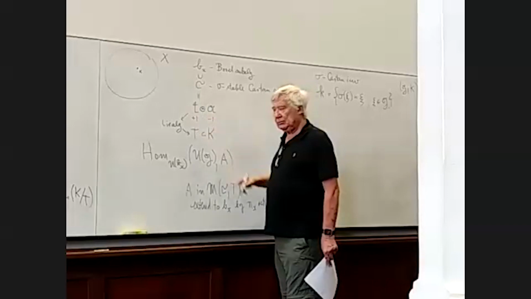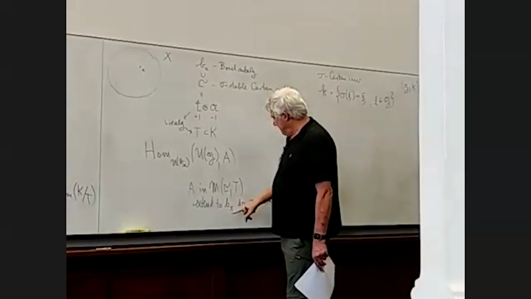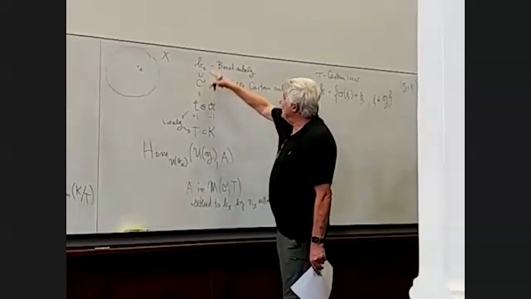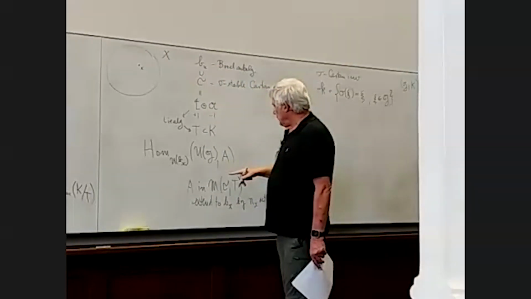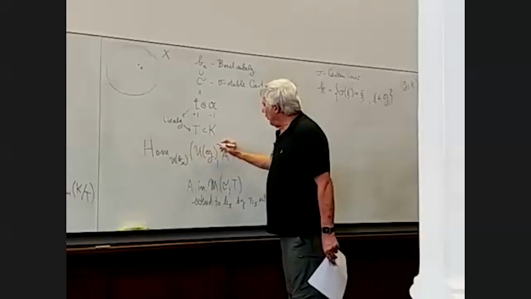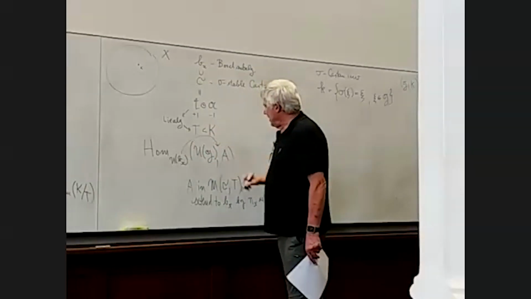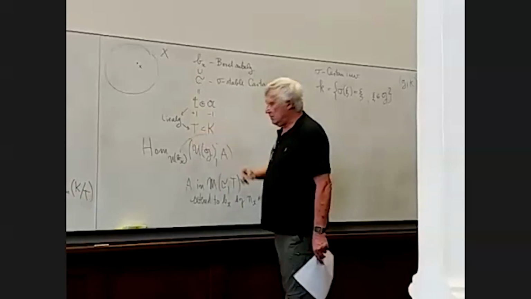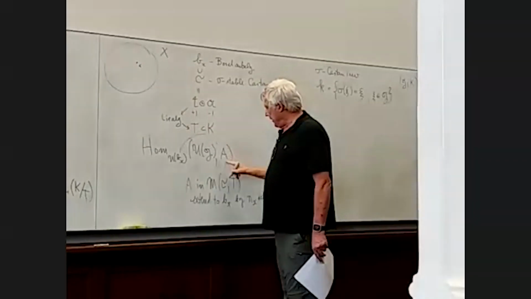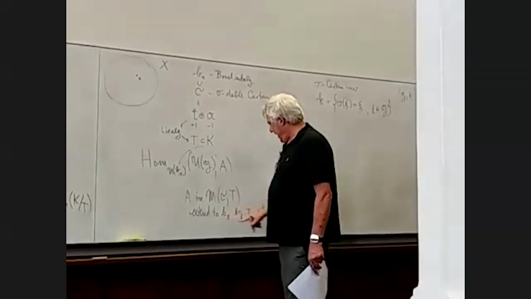How does b_x act on U(g)? b_x acts by left multiplication here, and on A, it acts by this.